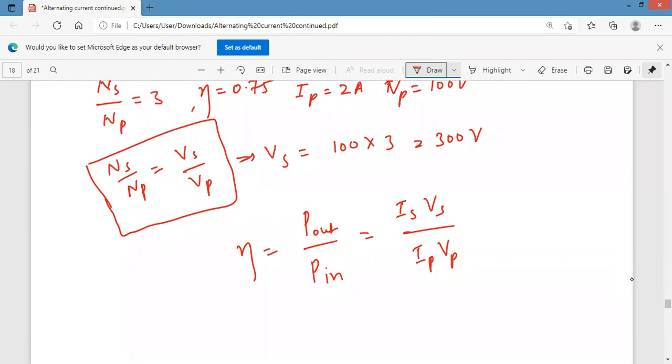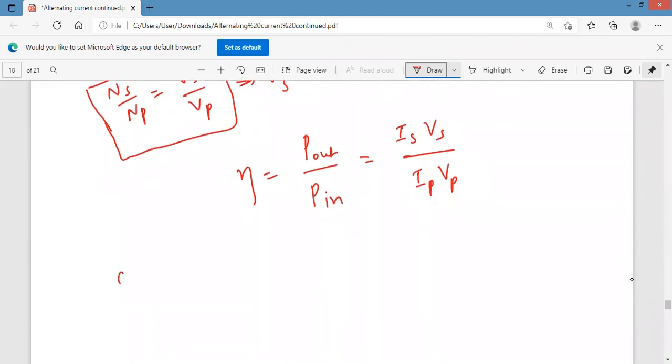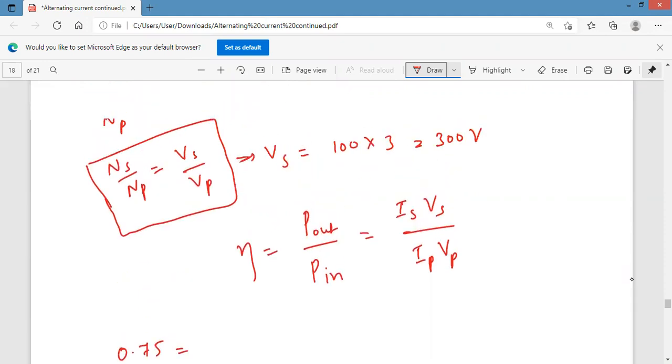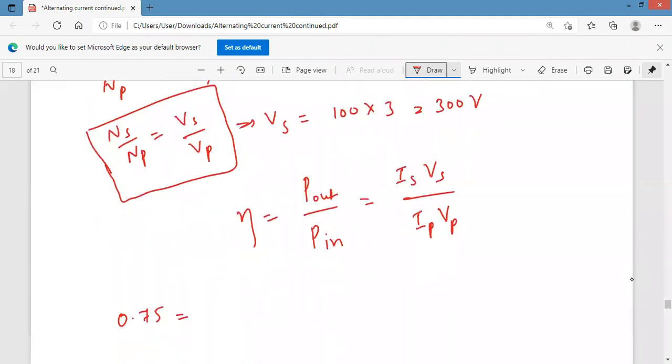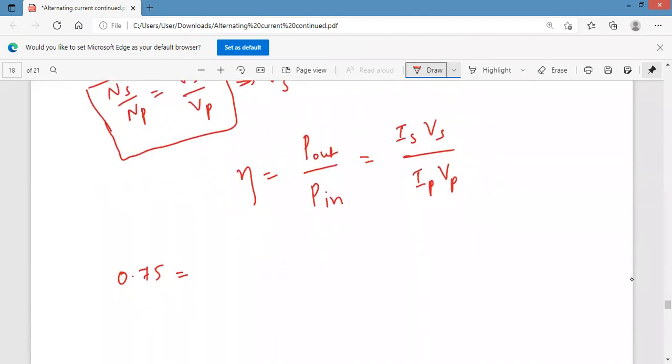So efficiency is given as 0.75. 0.75 is equal to IS, which you have to calculate, into VS. VS is 300 volt.